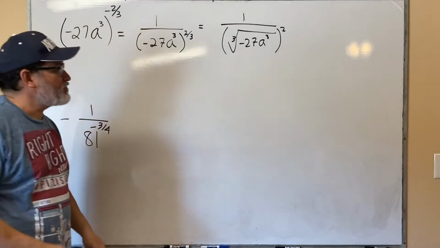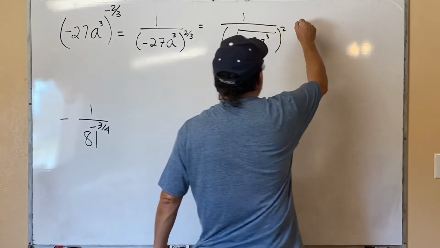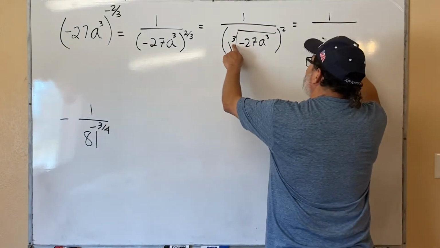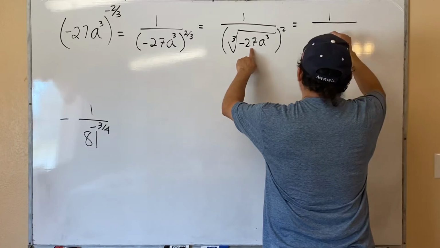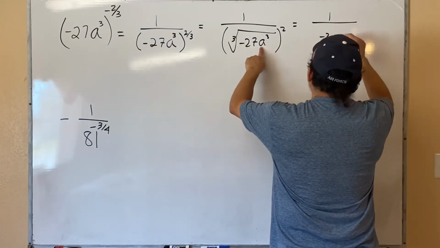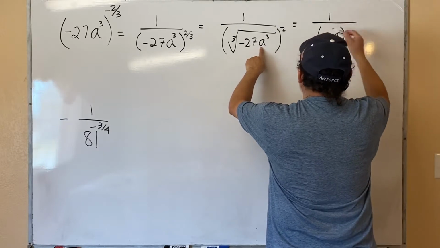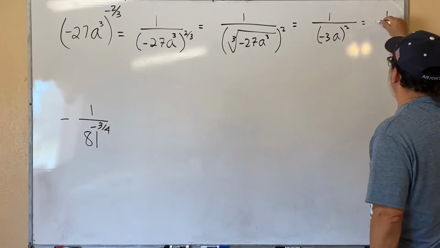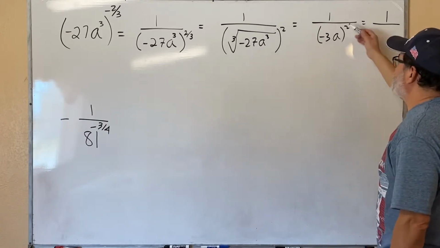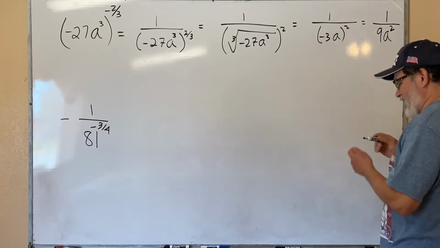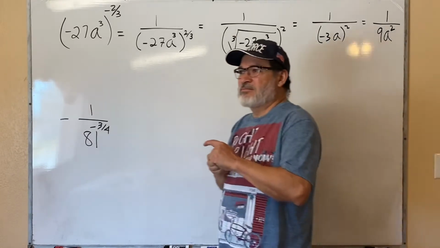Which becomes what? 1 over the cube root of negative 27, which is negative 3. The cube root of a to the third is a. And this is raised to the second power. And so therefore this becomes 1 over, what's negative 3 squared? 9 a to the second. Okay.